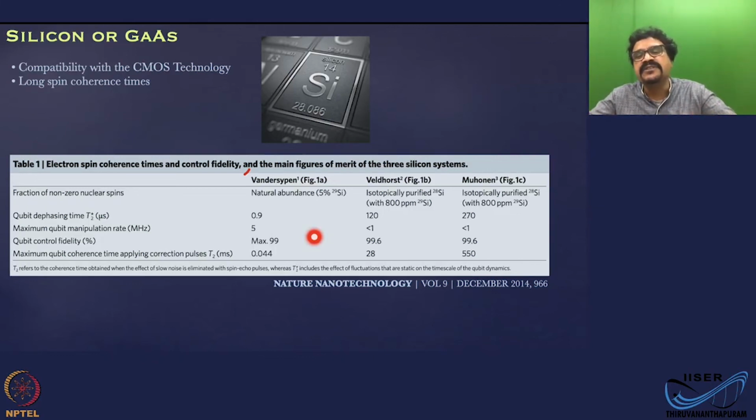It knows pretty much how to fabricate, how to make the material, how to make the wafer, how to fabricate the device, everything. On top of that, it has superior spin coherence properties compared to gallium arsenide. So the current trend is everything towards silicon.